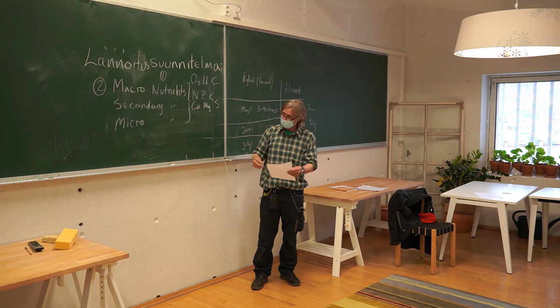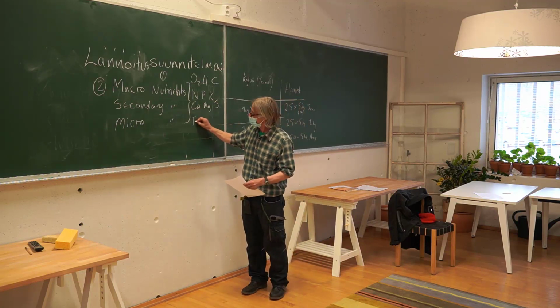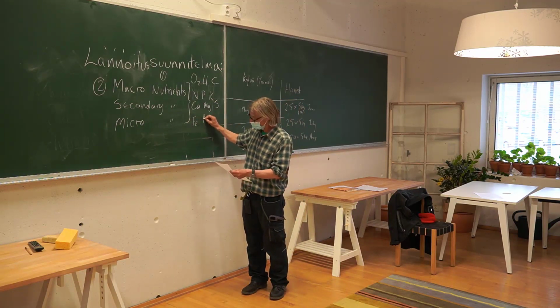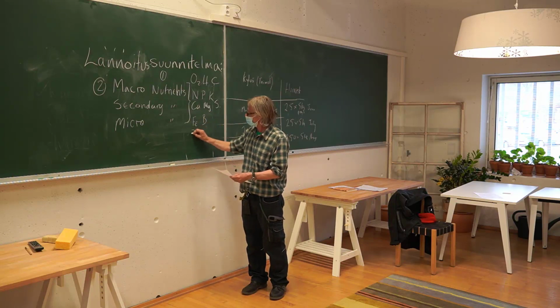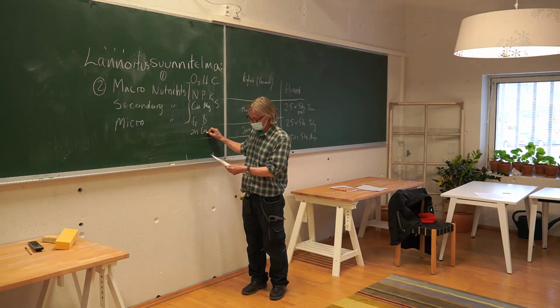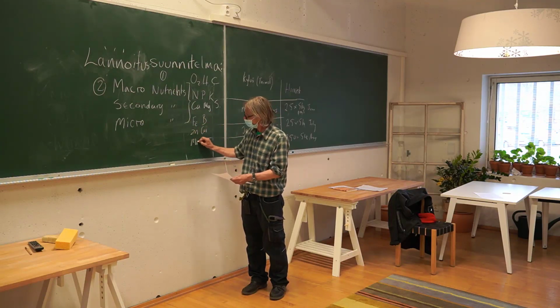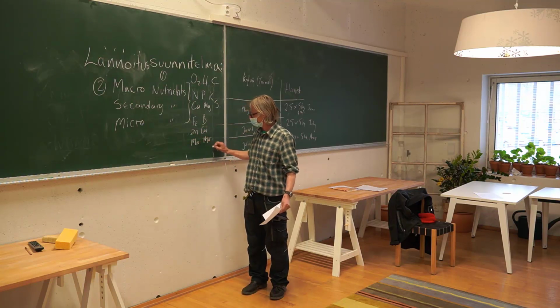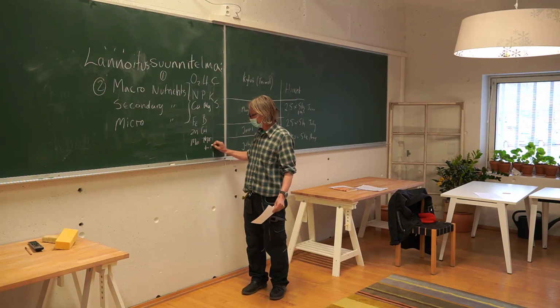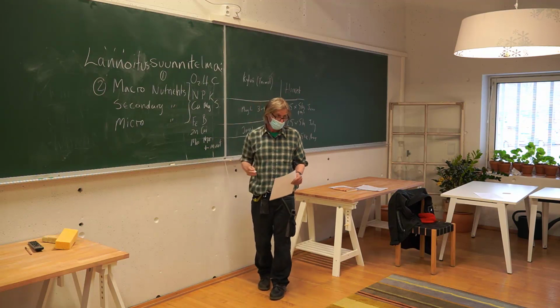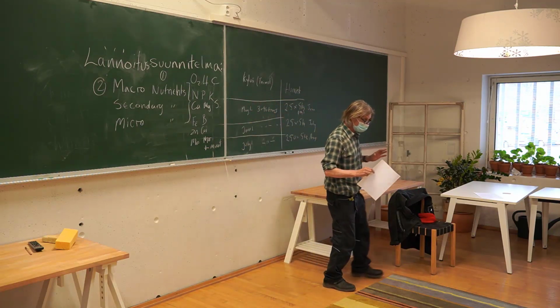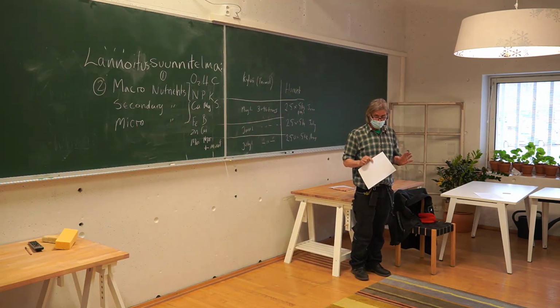And then the micronutrients, the main ones are iron, boron, zinc, copper, manganese, and molybdenum. And these are micronutrients because the plant needs hardly any of them.